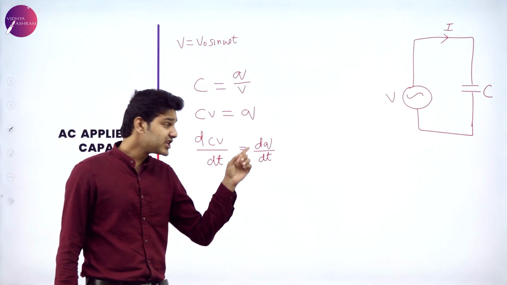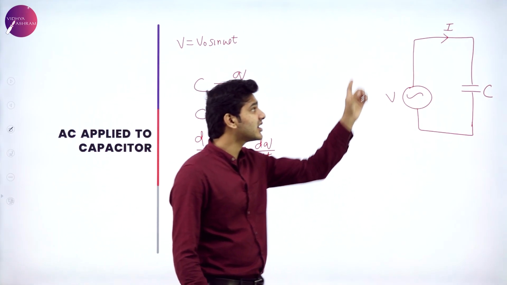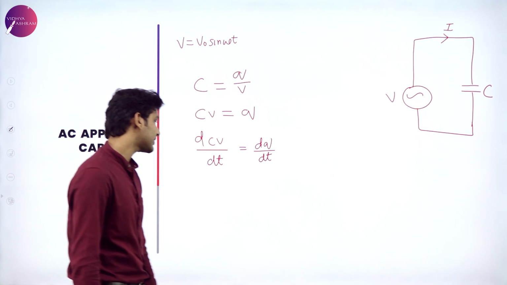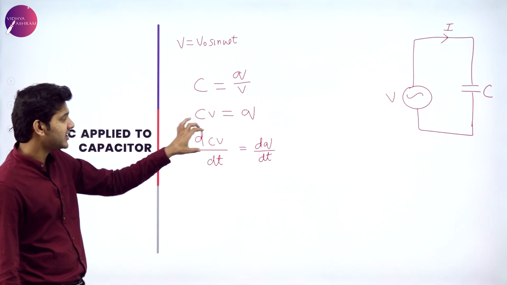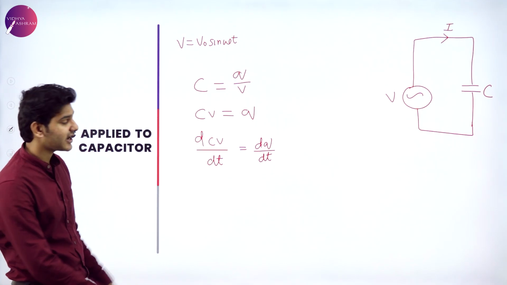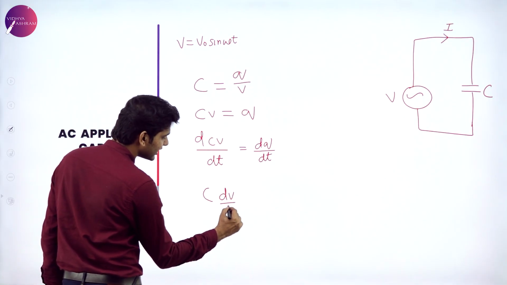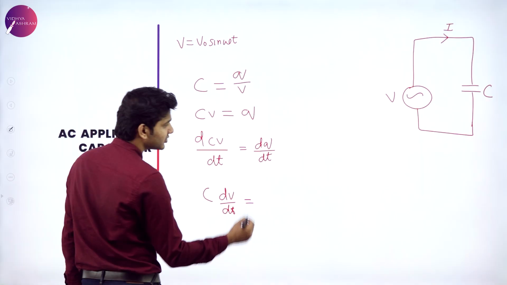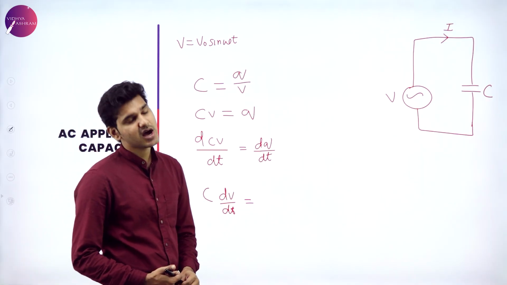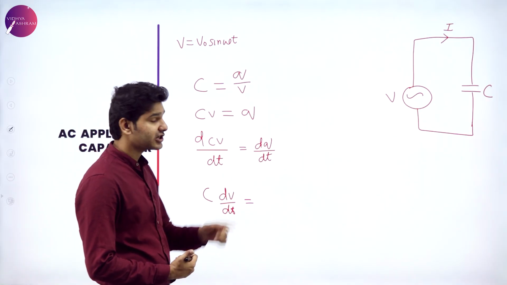We all know that dq by dt is nothing but I. And we also know that C is a constant, which means C will come outside. So we can write C dV by dt is equal to dq by dt, which is nothing but I, the current flowing through that particular circuit.